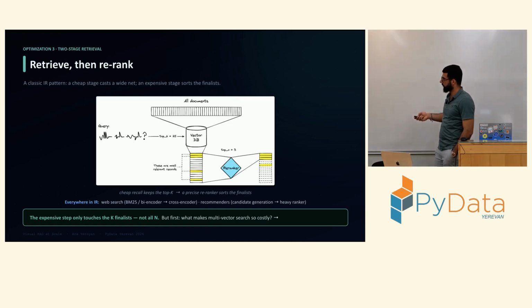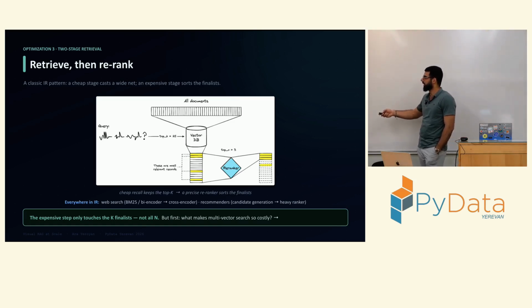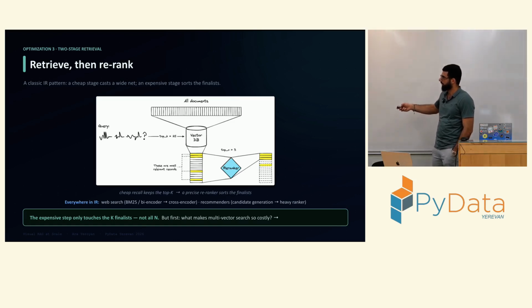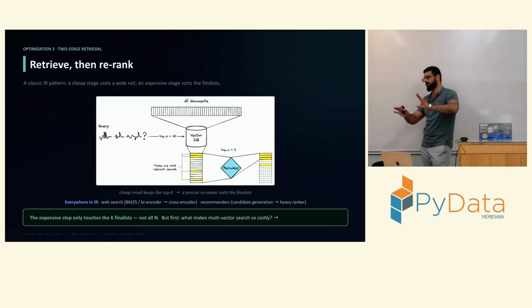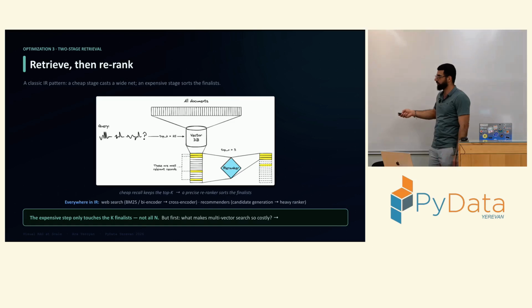Because this more powerful model is your last chance of fixing everything that you could have done wrongly in this first initial step. This initial step is just to provide you a good set of candidates, but the next one is to provide you the perfect set of candidates with the correct rank.